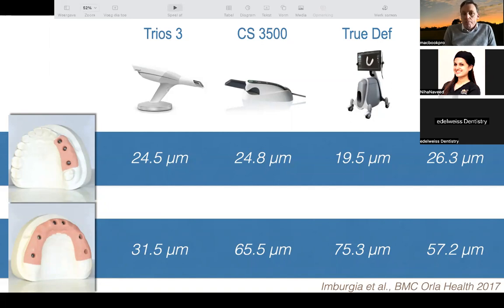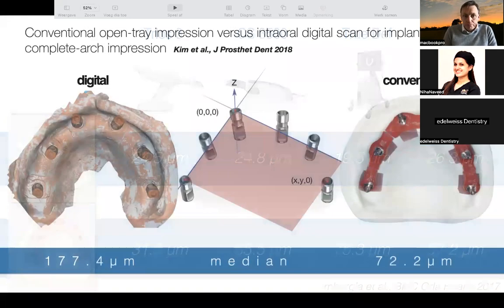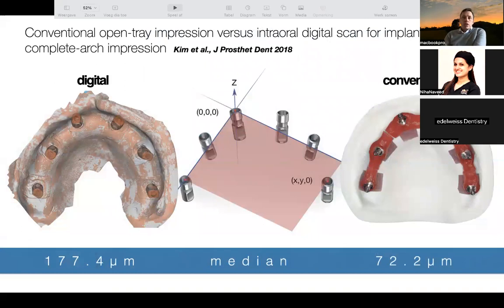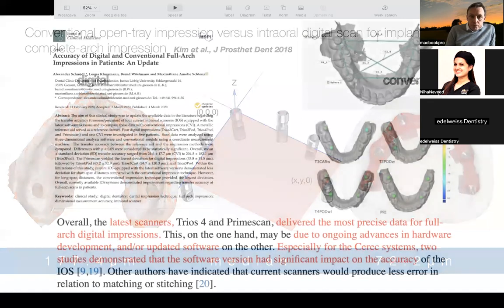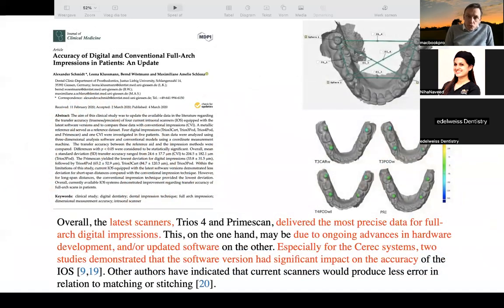But you see a huge discrepancy between the different scanners if you go to a full cross-arch restoration. That's also seen in a study by Kim et al. in 2018, where we compare conventional with digital impression. And in a new study, done only this year, 2020, you will see this.